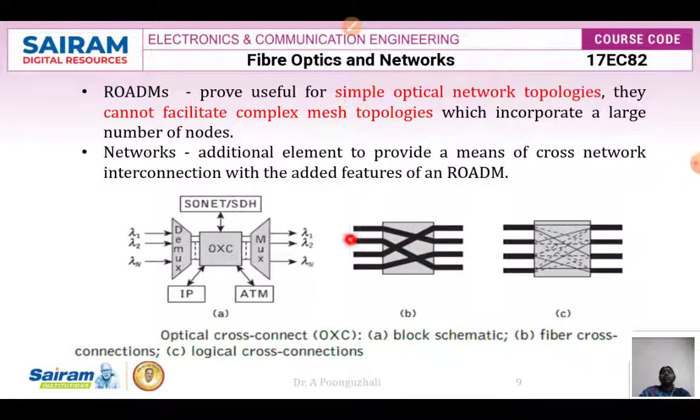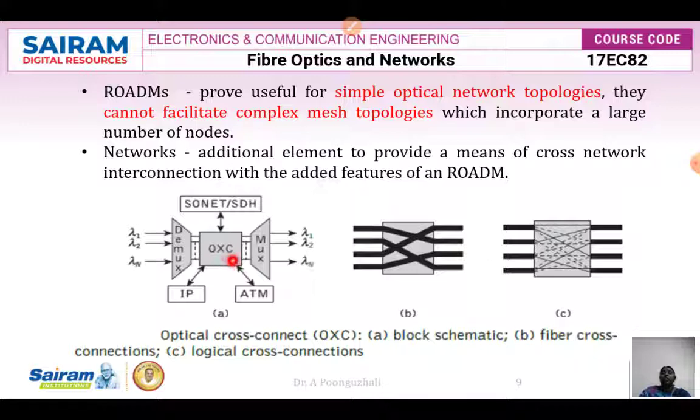In this case it cannot be used for complex mesh topologies where we have a large number of nodes. So the network consists of an additional element which provides a cross connect network connection with the added features of the reconfigurable optical add or drop multiplexer. That device is called an optical cross connect.